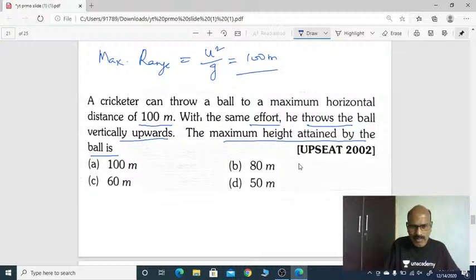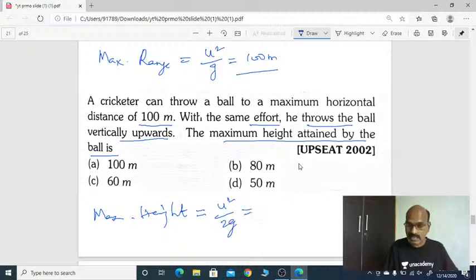What is the maximum height is the question. So maximum height equal u square by 2g. See that u square by g is 100, so u square by 2g is 100 by 2, that's it, 50 meter he can throw maximum, right?